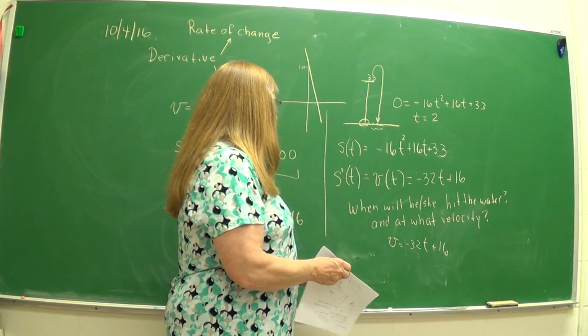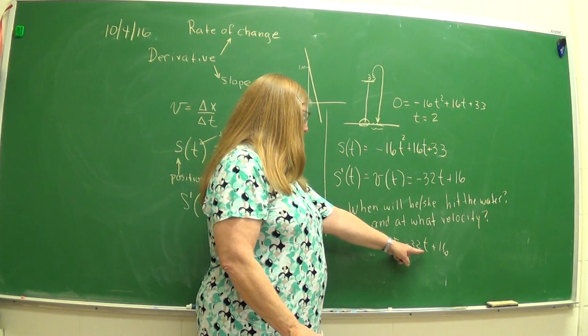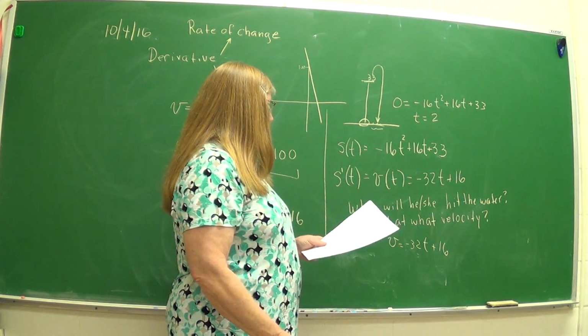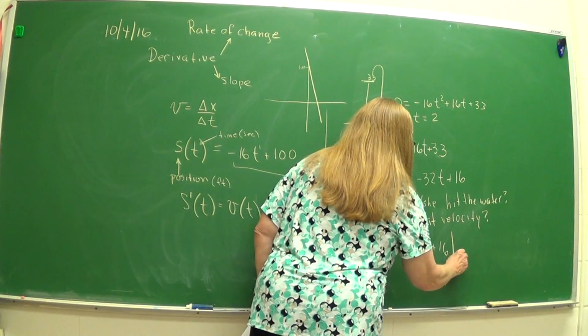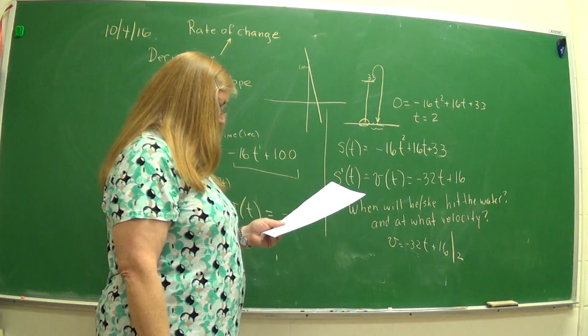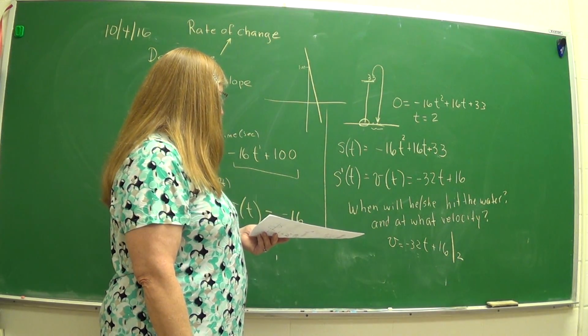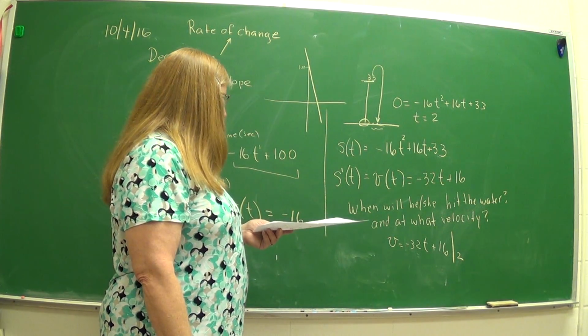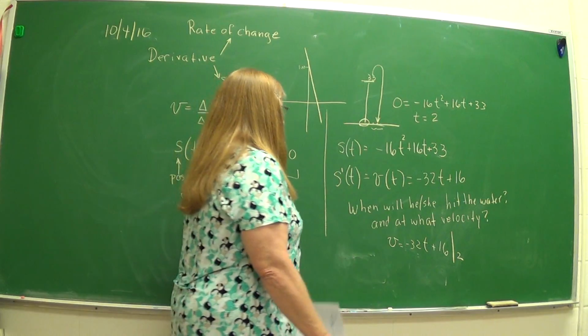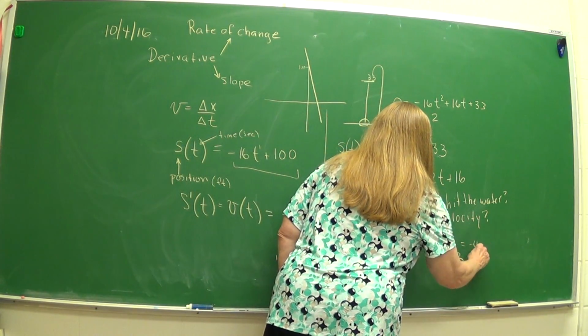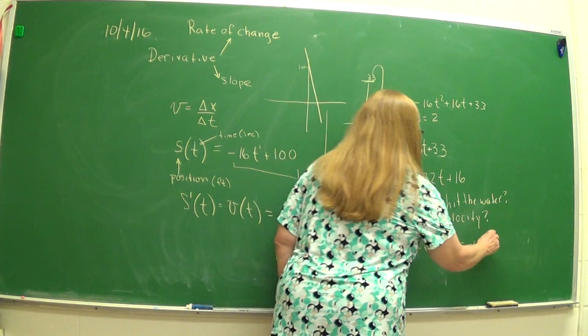So we're going to substitute 2 for time in the velocity equation. I usually indicate with a line that I'm going to substitute 2 into that equation. That came out to be negative 32 times 2 plus 16, which is negative 48, and that was feet per second.